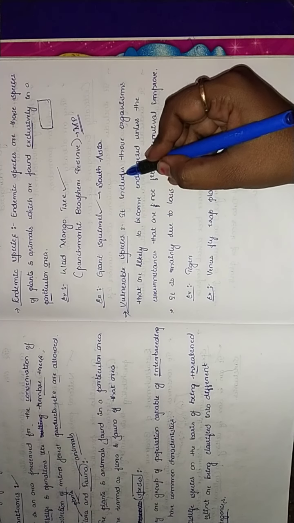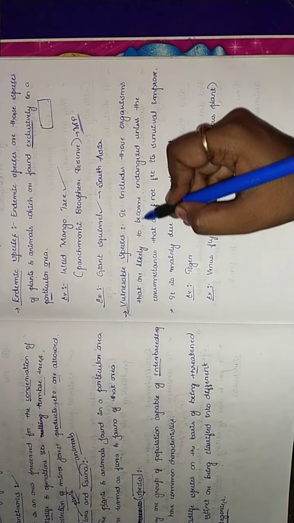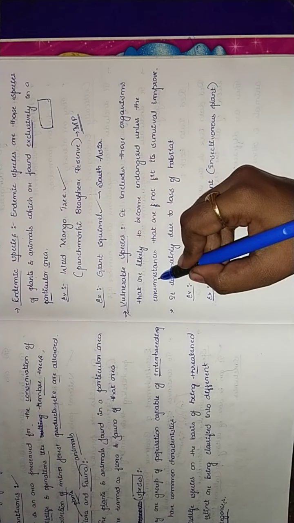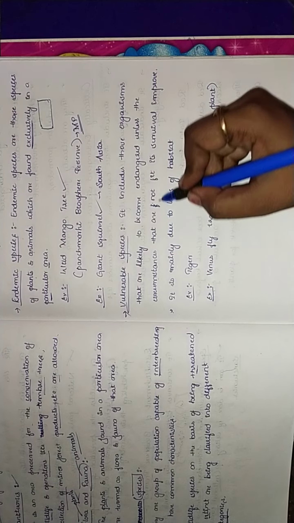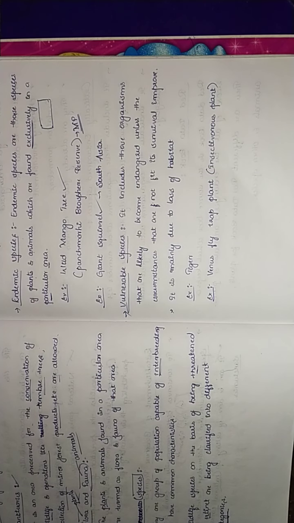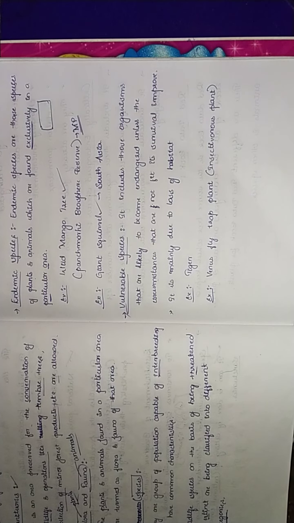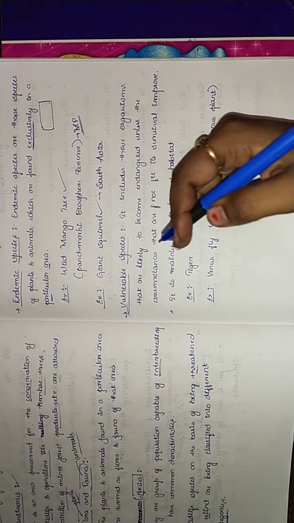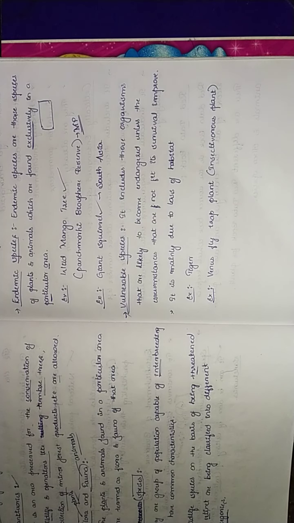Vulnerable species includes those organisms that are likely to become endangered unless the circumstances that threaten their survival improve. So vulnerable species means species that can enter into the danger zone, where there won't be a suitable zone for survival of plants or animals.